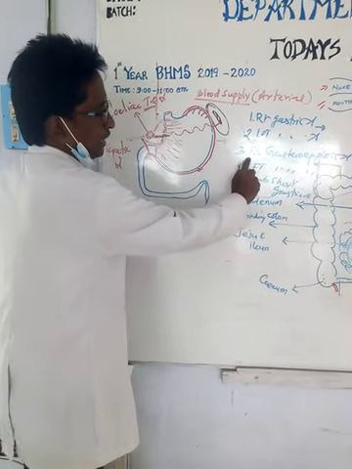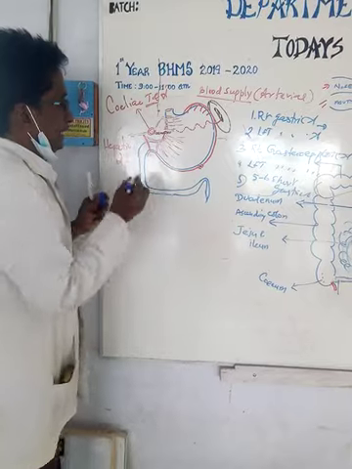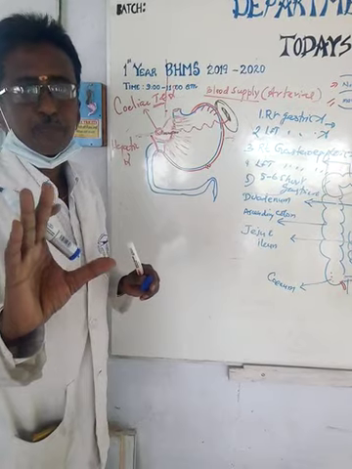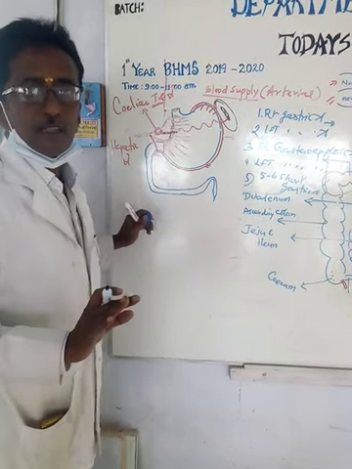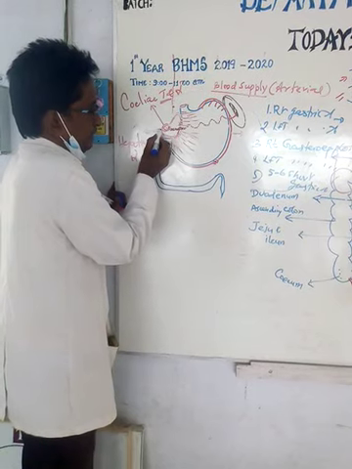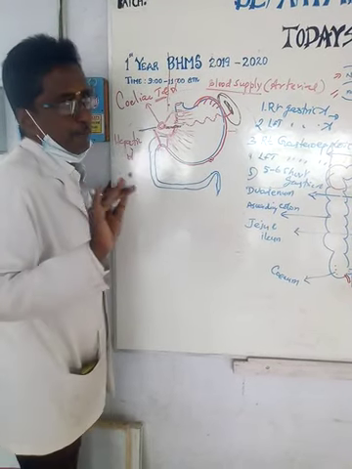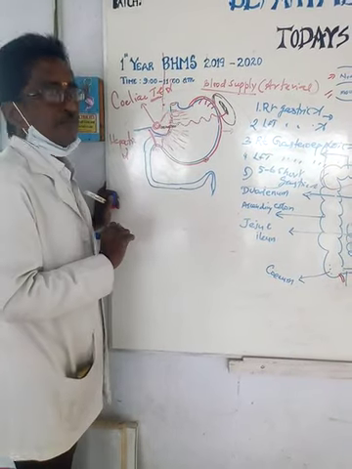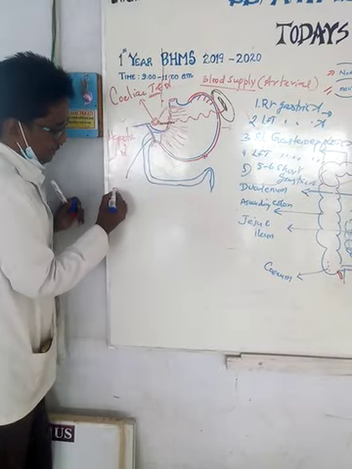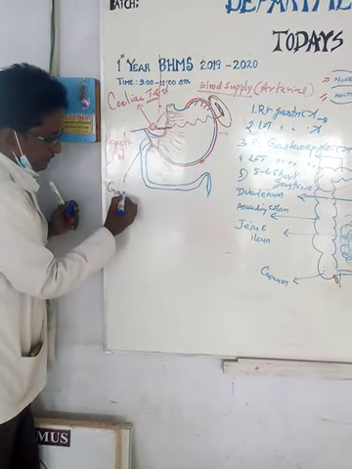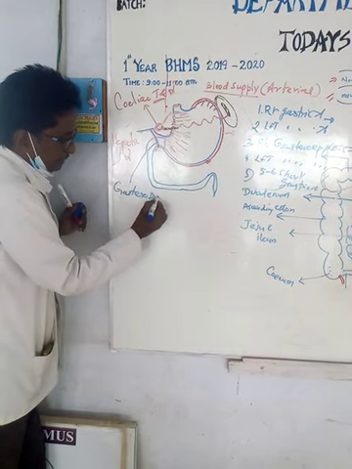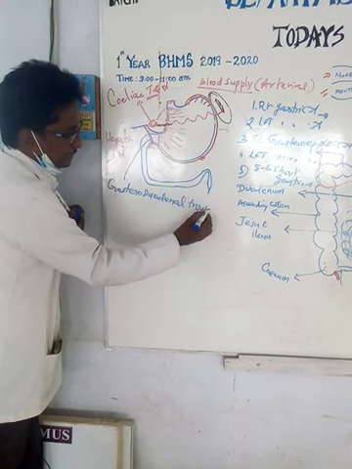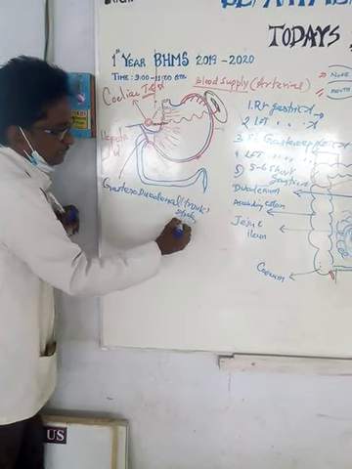Now going to the right gastroepiploic artery. Just keenly observe, this is somewhat difficult to understand. Where does it start? Listen. This is the hepatic artery, I told you. From the hepatic artery, the first artery is the right gastric artery. This is called the gastroduodenal trunk, otherwise called the gastroduodenal artery.